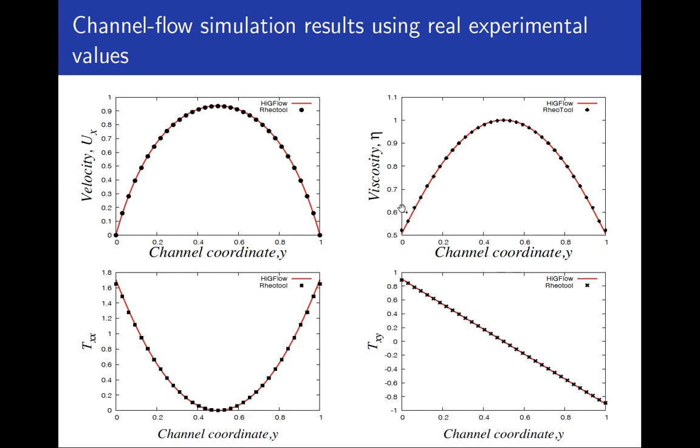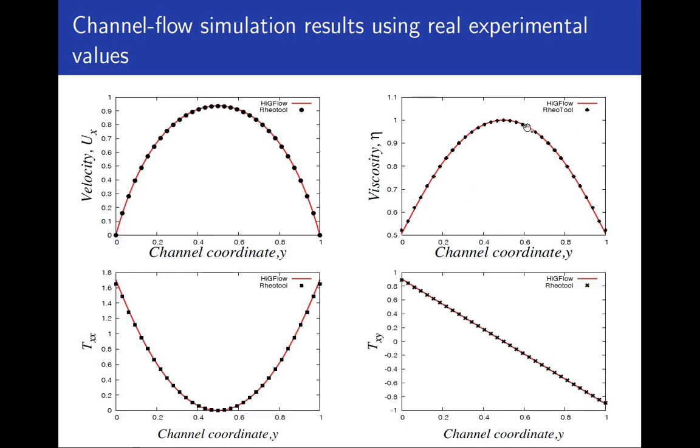This is because the shear rate, the changes of the velocity very close to the wall, are increasing. So the derivatives of the velocity here are greater. That's why we observe a decrease in viscosity close to the walls, because the shear rates are higher here.